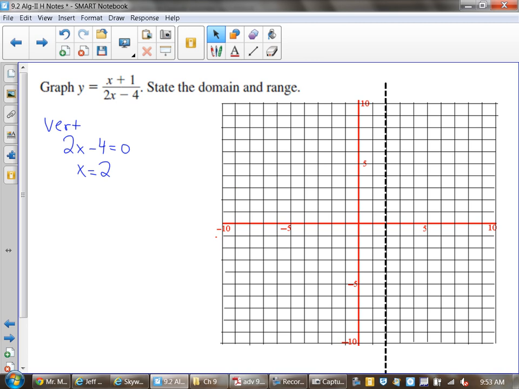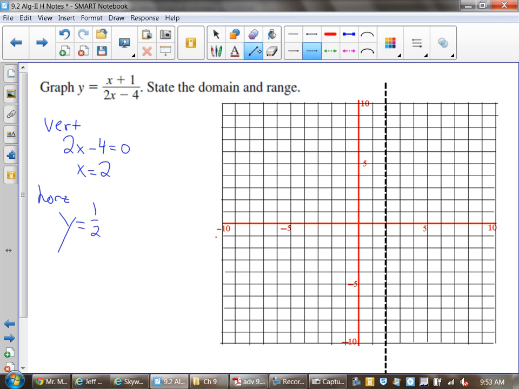My horizontal asymptote is going to be at the equation y equals what over what in this case? 1/2. Very good. It's going to be at y equals 1/2. Okay, so from there, I have now plotted my asymptotes.